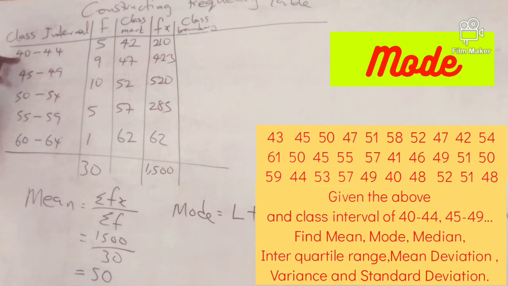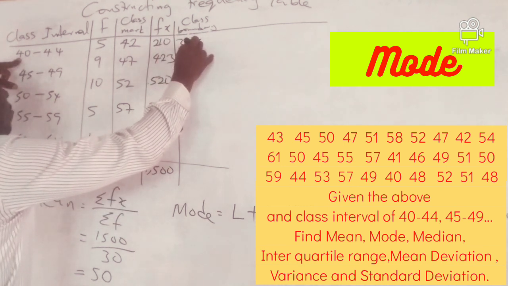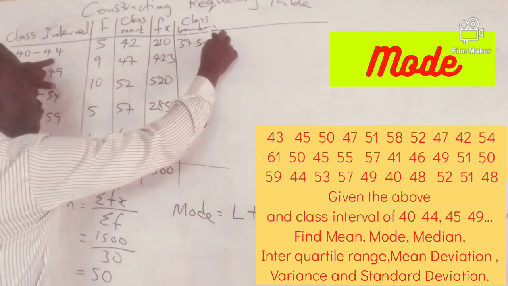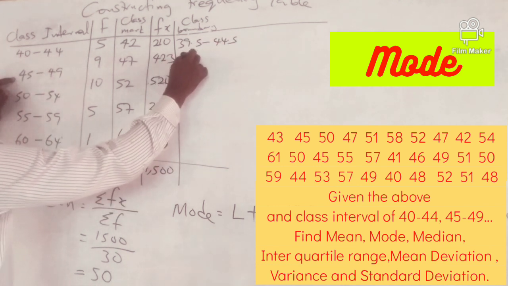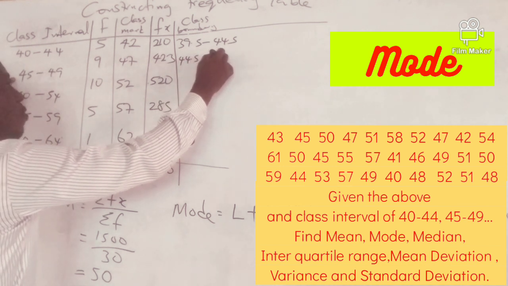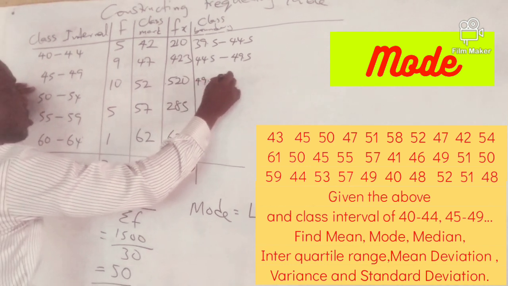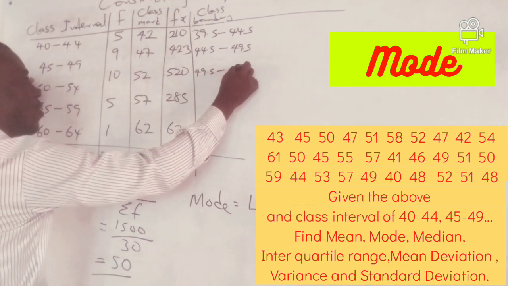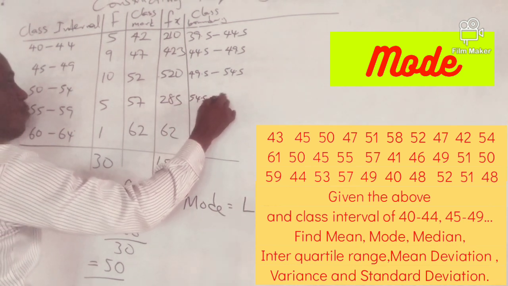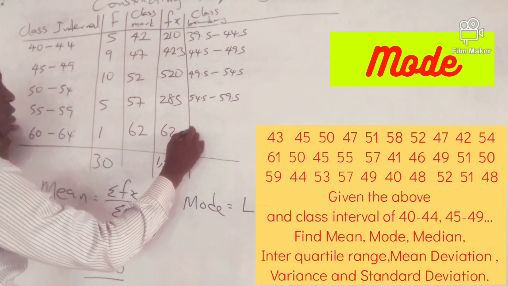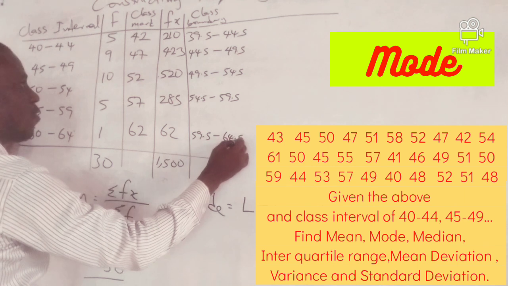So lower minus 0.5, you have 39.5 to 44.5, 44.5 to 49.5, 49.5 to 54.5, 54.5 to 59.5, and 59.5 to 64.5.